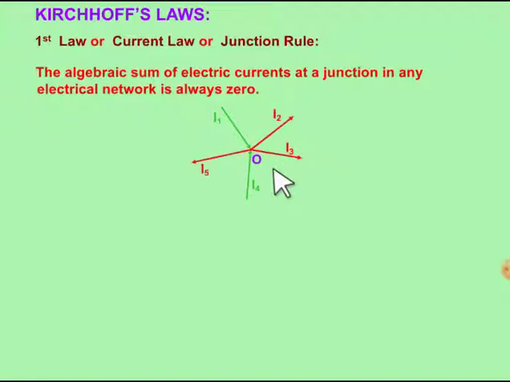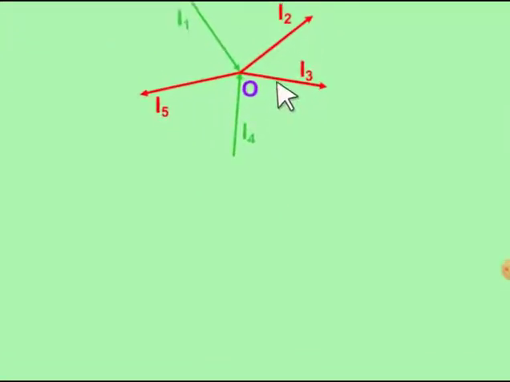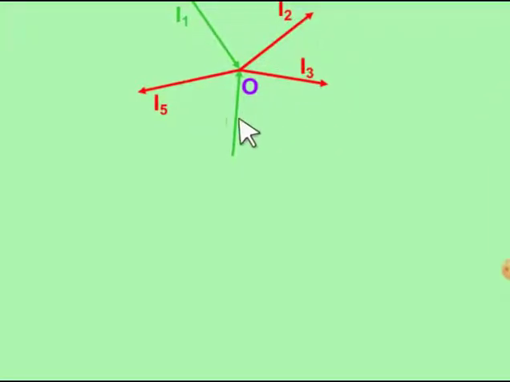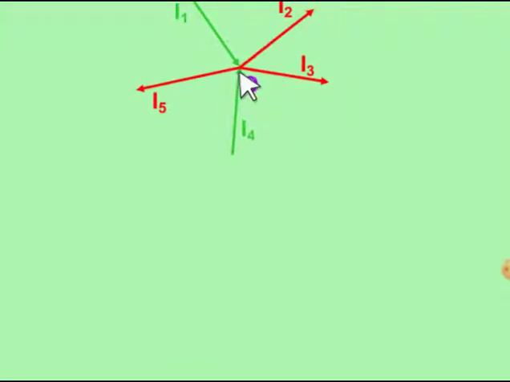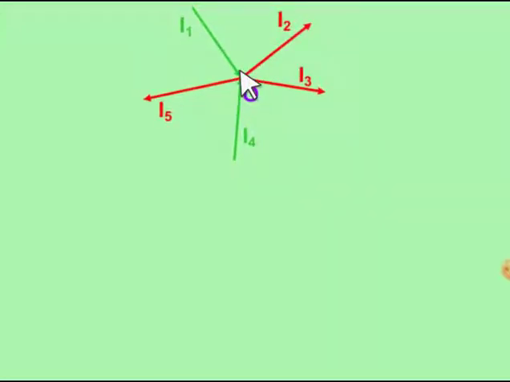Let's take it this way. These currents I2, I3, I5 are going away. So the algebraic sum of all those currents at a junction will always be equal to 0. When I say algebraic sum, we have to assign plus or minus.